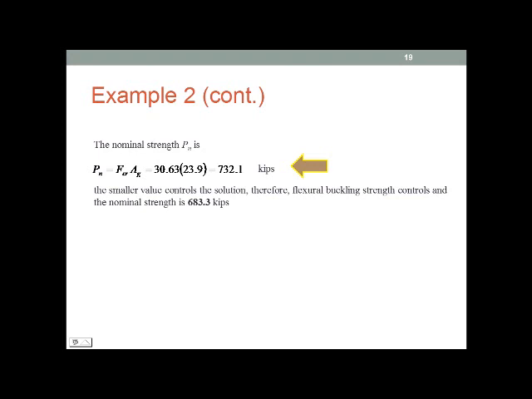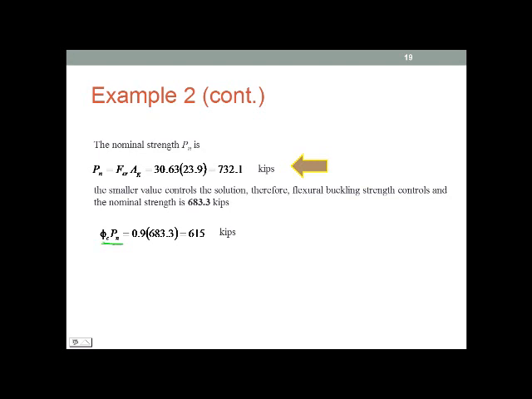Now, which value should we pick for our solution? The smaller value controls the solution. Therefore, flexural buckling strength controls and the nominal strength is 683.3 kips. Now we need to calculate the design strength.